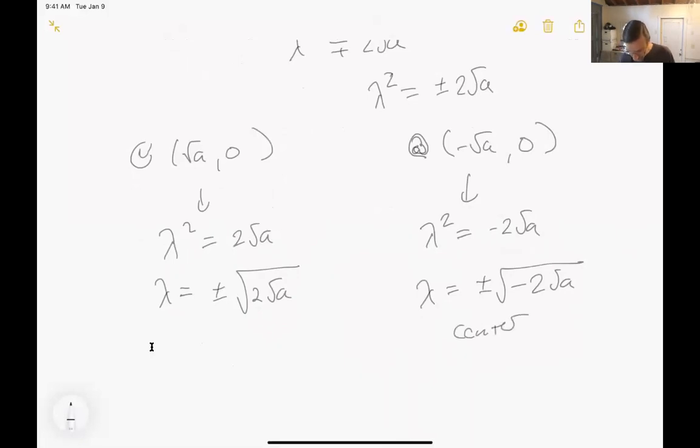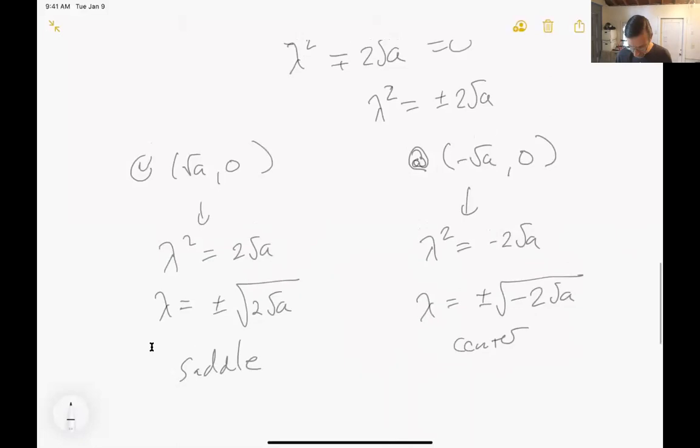And this one, root a comma 0, we've got both a positive and a negative real root, so that's a saddle. Okay, remember with the Hamiltonian function, all we can have are saddles and centers. So what we're getting here is totally reasonable.